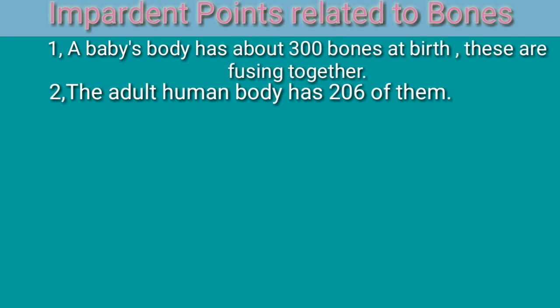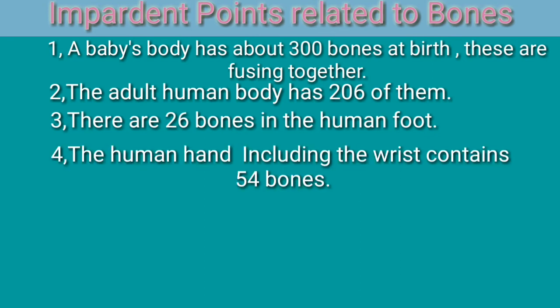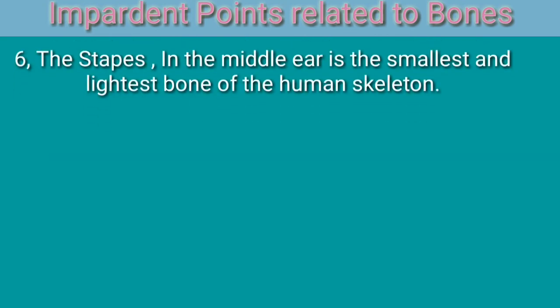Third, there are 26 bones in the human foot. Fourth, the human hand, including the wrist, contains 54 bones. Fifth, the femur, or thigh bone, is the longest and strongest bone of the human skeleton. Sixth, the stapes in the middle ear is the smallest and lightest bone of the human skeleton.